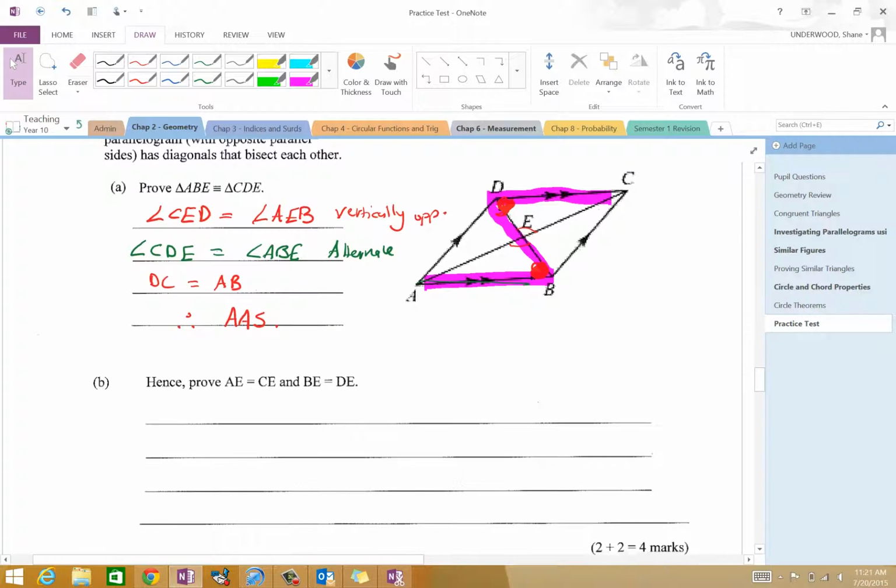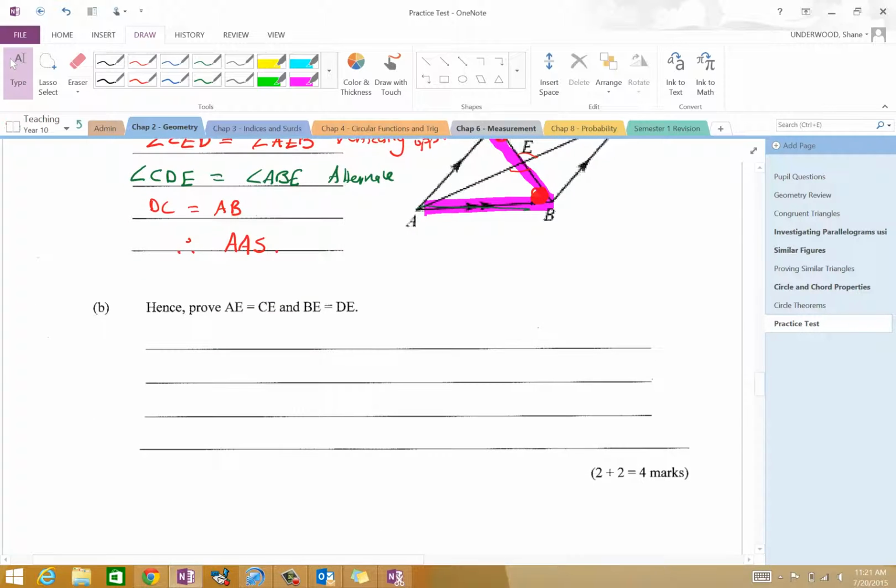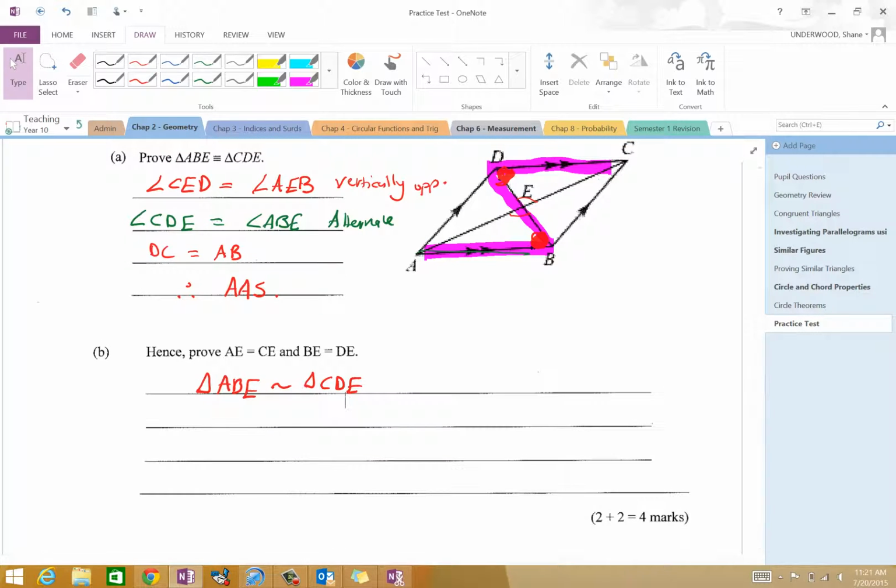So let's have a look and prove that it says here, hence prove that AE equals CE. Well, if triangle ABE is similar, now I like to do it this way, is similar to triangle CDE, then what are corresponding sides? What's AE similar to?